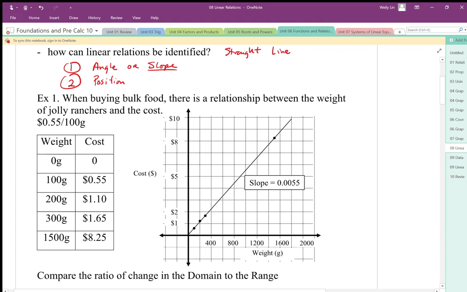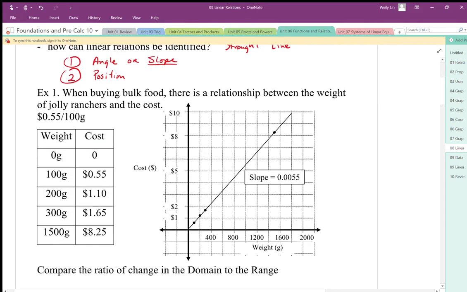So we can probably come up with some kind of equation for this as well. Relationships exist as a word relationship, as a table of values connecting x's to y's, and also as a graph. And this graph, when we graph it, gives us this linear relationship. This is what we're going to now focus on. That linear relationship has a specific slope or angle to it and is located at a certain position.